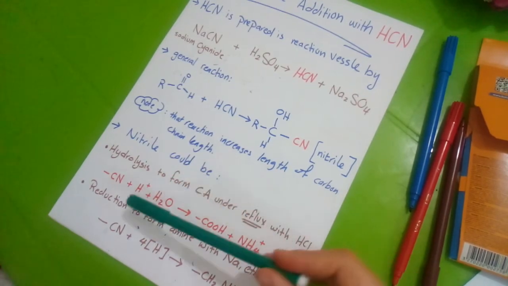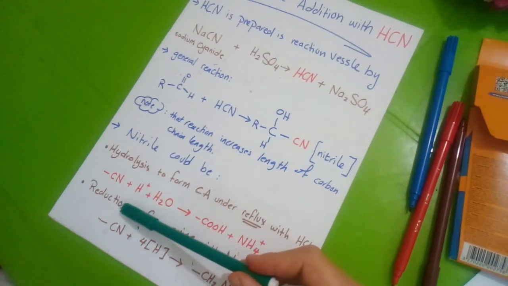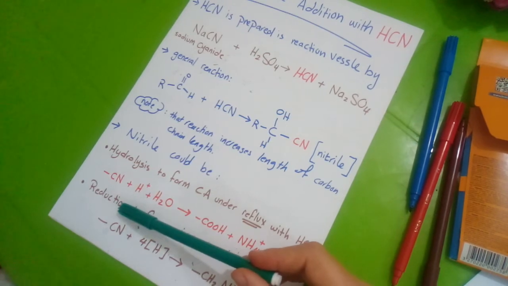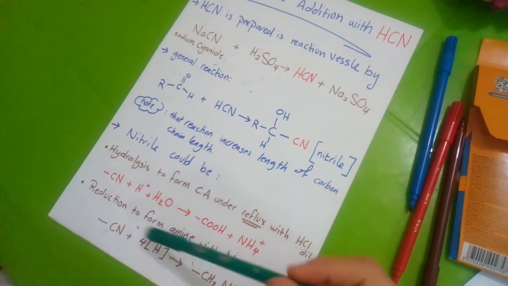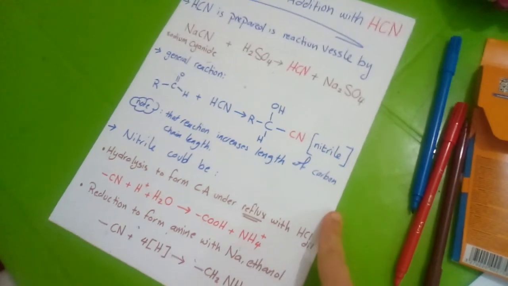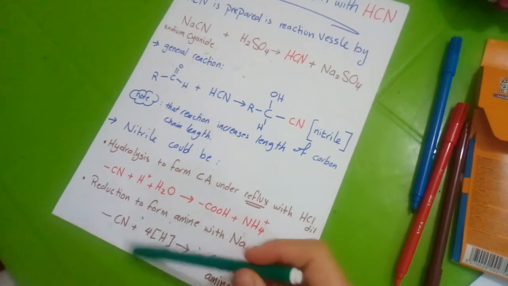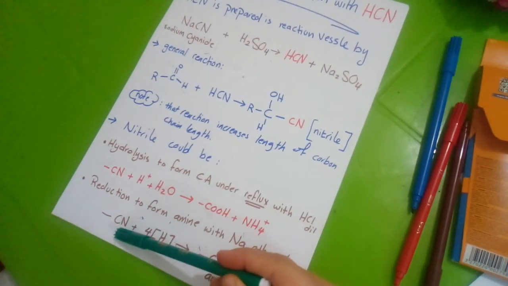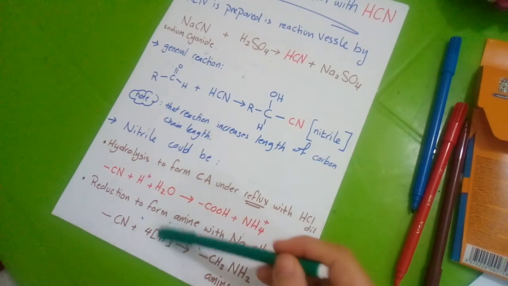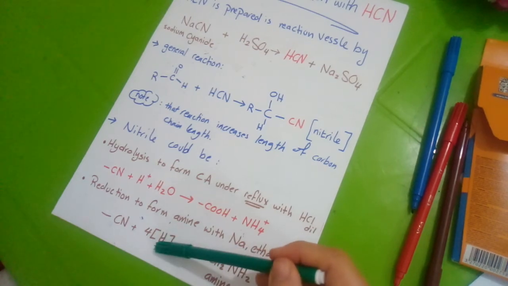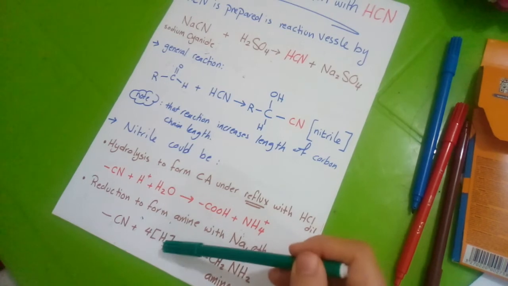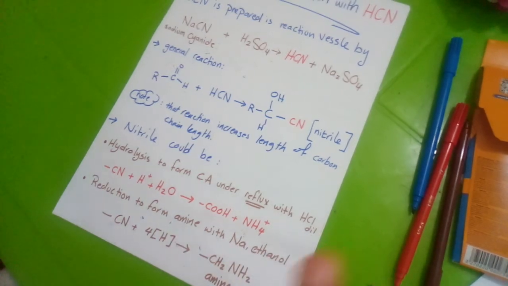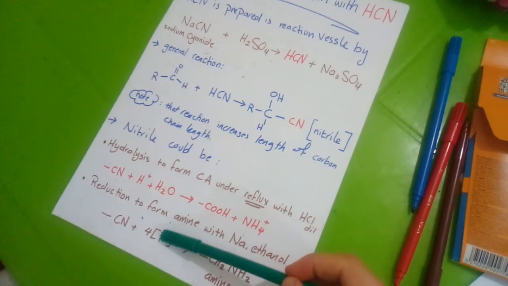Or we can do reduction for that nitrile, using sodium plus ethanol. This is the equation. We can see here this is the nitrile group. I can reduce it. This is hydrogen, in order to show we have a reducing agent, so it will be 4 atoms of reducing agent.